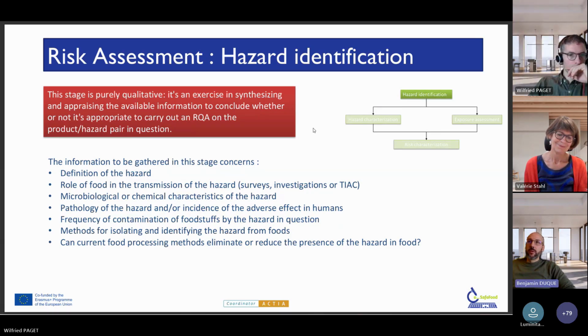Here are some examples of information that can be useful, such as the role of food in the transmission of hazards, the pathology associated and the adverse effects on humans, the frequency of contamination, and whether current food processing methods can eliminate the presence of the hazards.